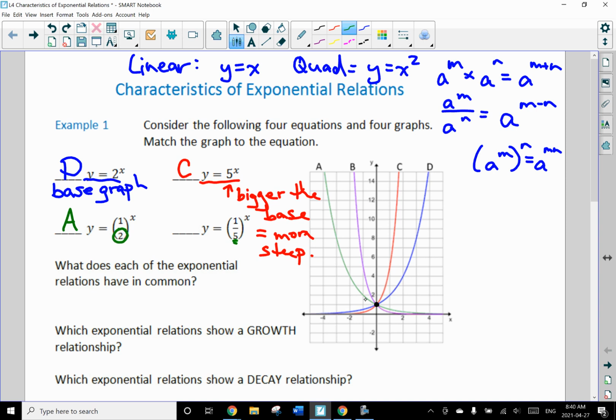So it means the graph is going to go up, but not as steeply as the other one. This is actually considered a decreasing graph because if you were walking from left to right, you'd be going down a hill really quick and then it gradually levels out. But if you compare that to this graph, it's not as steep. B is much more steep.